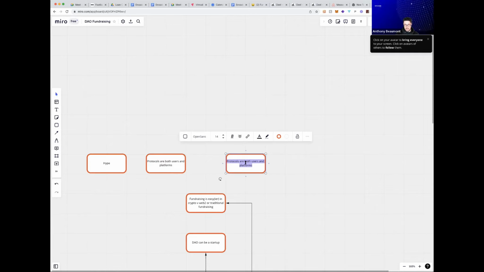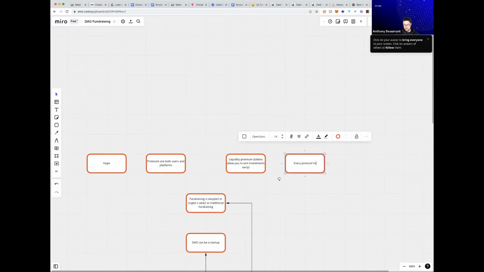This third is liquidity premium. So tokens allow you to exit investments early and not to go to zero. And the fourth reason is every protocol has a treasury, so it can fund projects by way of grants or investment.